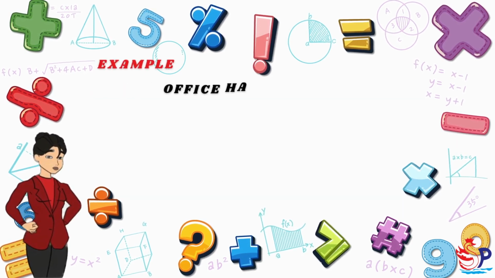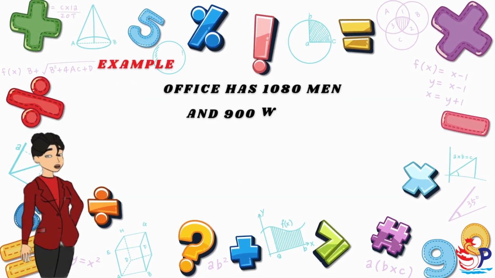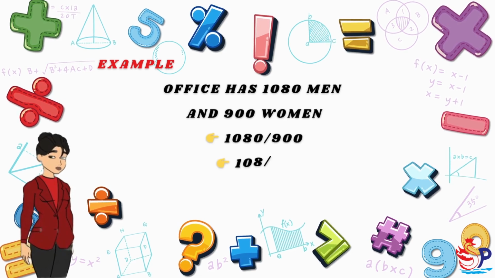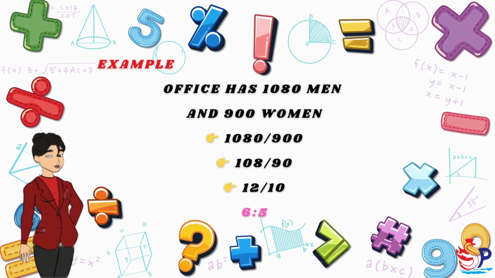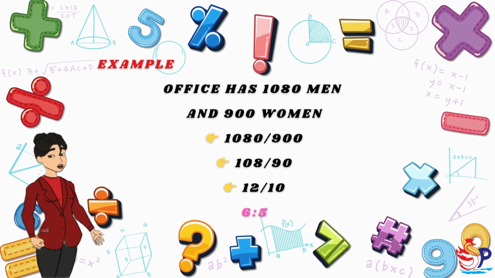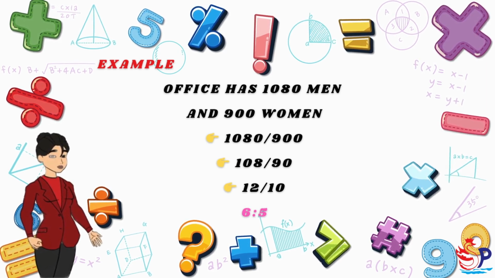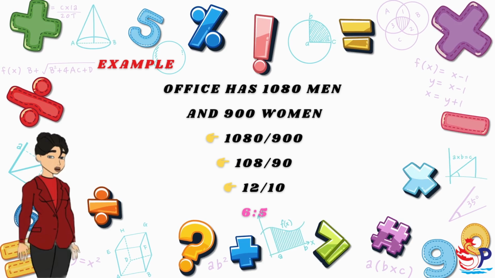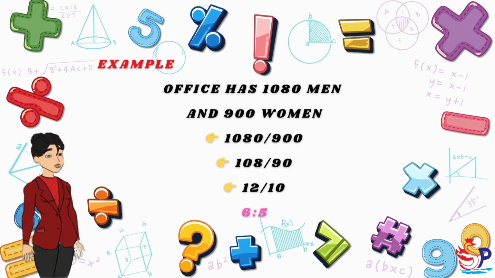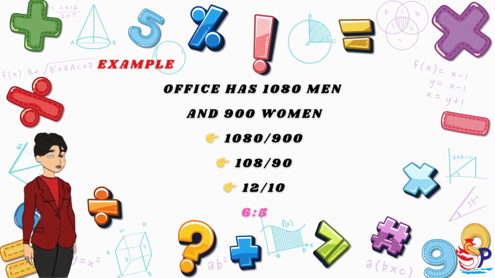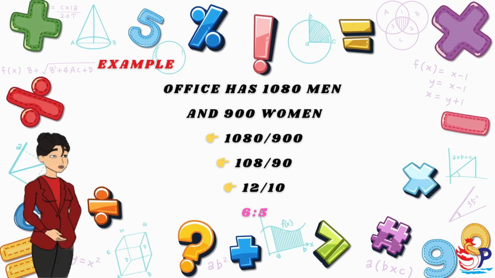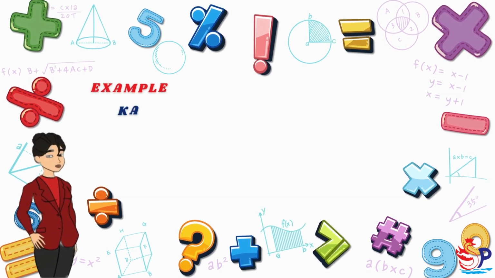Next example. Office has 1080 men and 900 women. 1080 by 900, 108 by 90, 12 by 10, 6 is to 5.